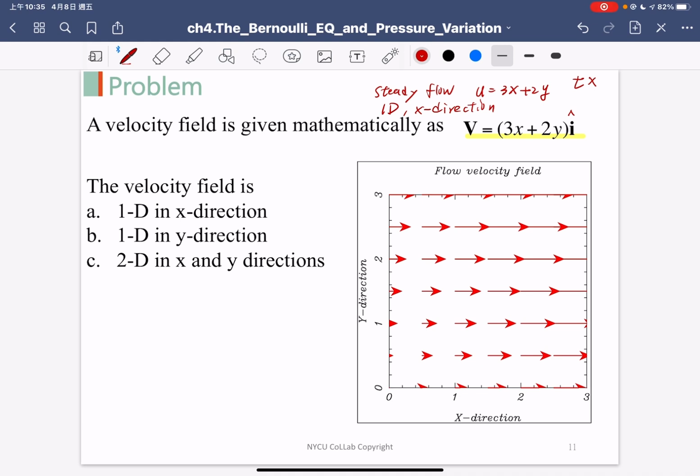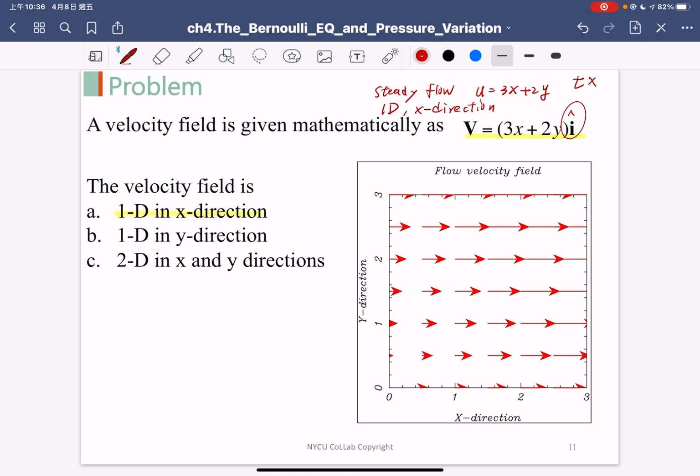So right now we can pick the answer: the velocity field in this case is a 1D velocity field along the x direction. Whether it is 1D, 2D, or 3D only depends on i, j, and k. Here we only have i, so this is a 1D velocity field.